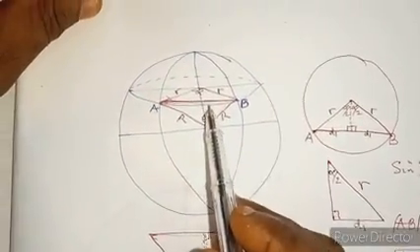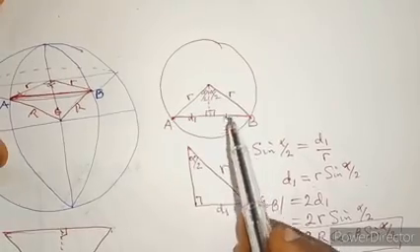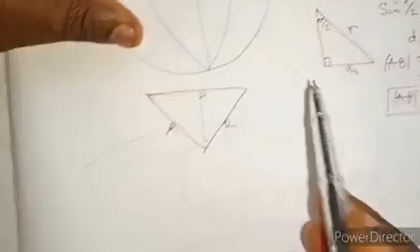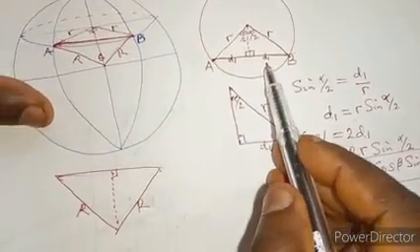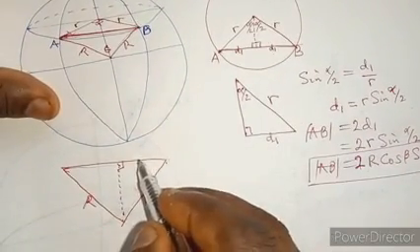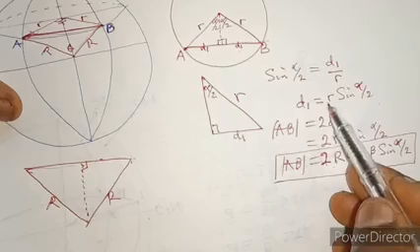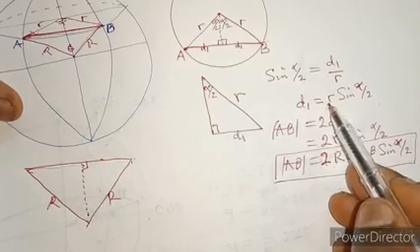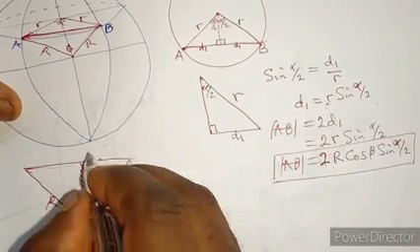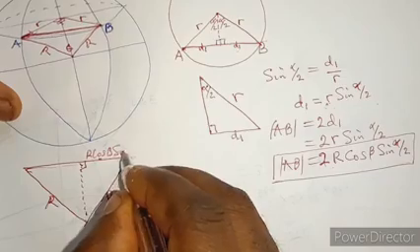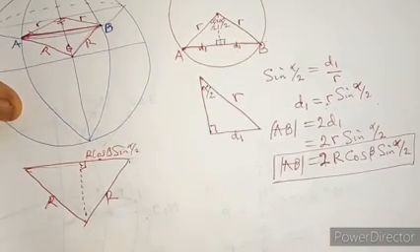We call this, in this diagram, D1. This line here, we call D1. This part is what I need, D1. And this R you see here is R cos beta. So this D1 is R cos beta, then sine alpha over 2. I hope I'm not too fast.